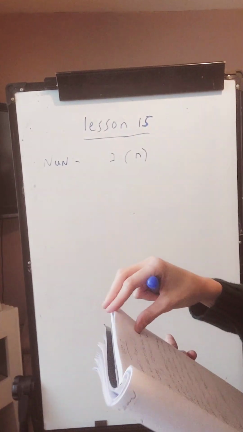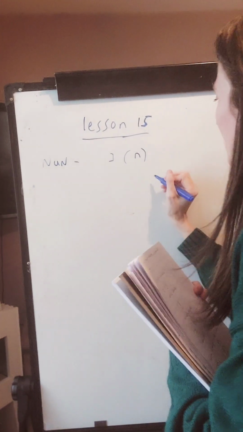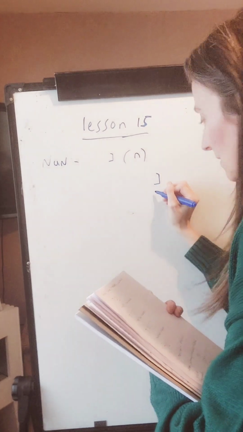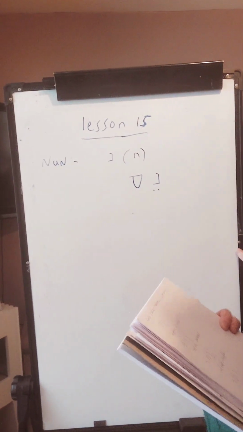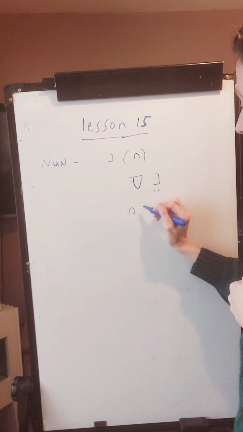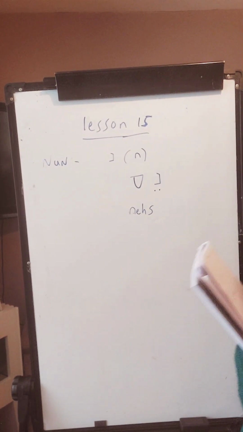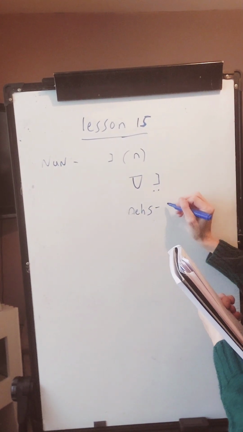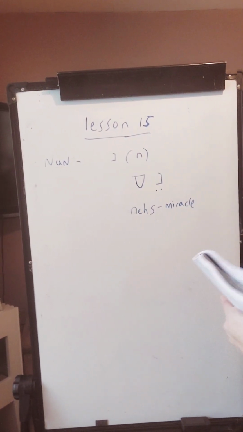Okay, so we'll have a look at some words. The first one we do is the N, the E vowel underneath, and this is the Samekh, S, Ness. And this means miracle, Ness.